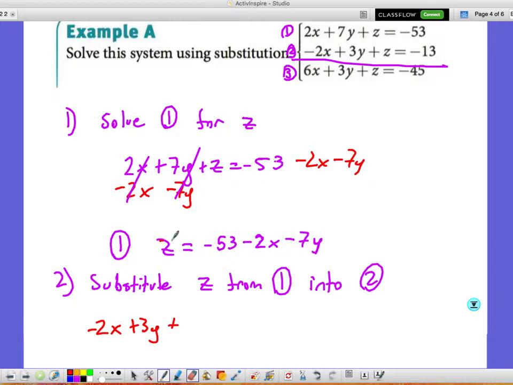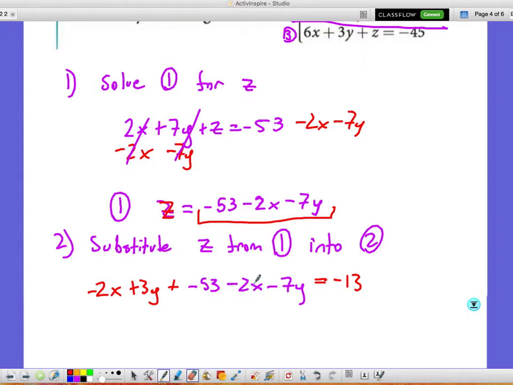Now I figured out that z is equal to this, so instead of writing just z, I'm going to write negative 53 minus 2x minus 7y, and then the rest of the equation, which is equal to negative 13. As you can see, instead of writing z, I wrote what it's equal to, and this is basically still the second equation.